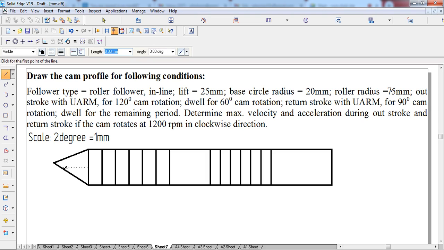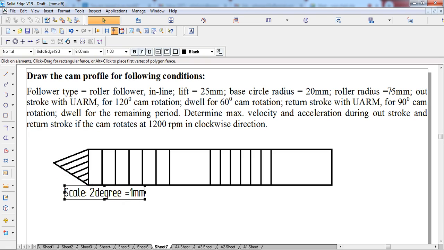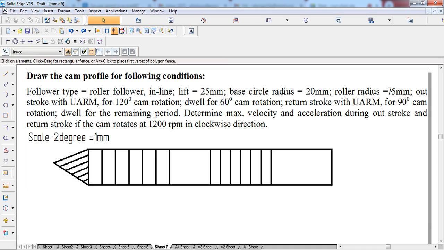Okay, so I have the values, so I will draw accordingly. So I'll be getting like this.